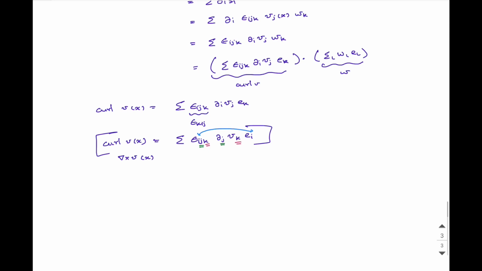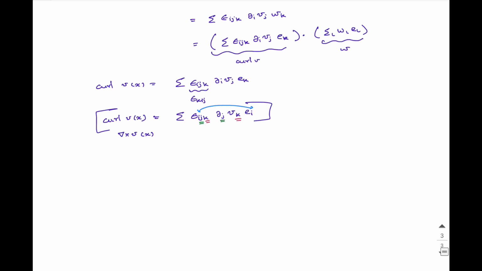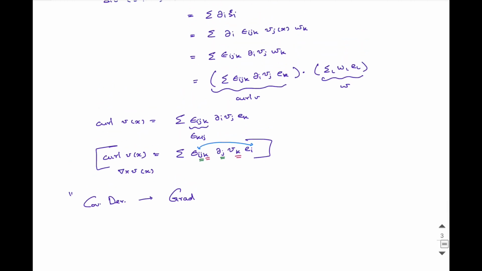Now notice the general framework that we have adopted. You first define the covariant derivative, and from that you compute the gradient. The covariant derivative is essentially a directional derivative, and if you insist that the directional derivative is linear in the direction, you get the gradient from that.